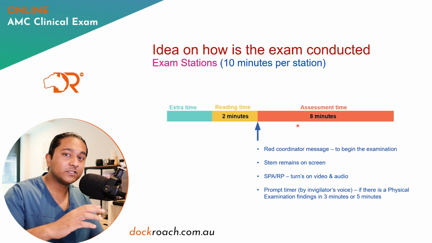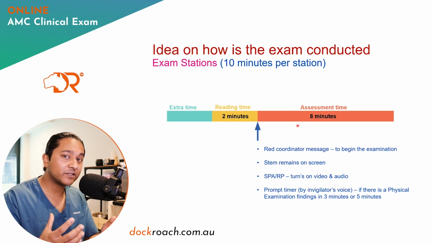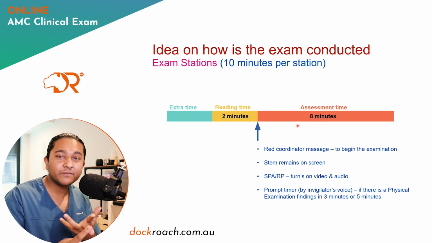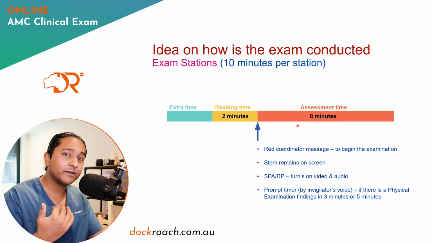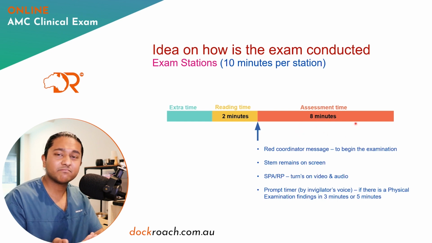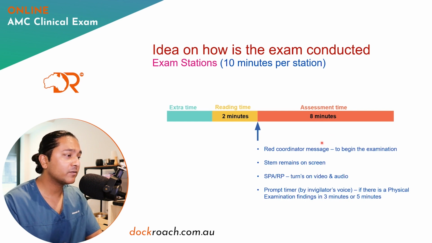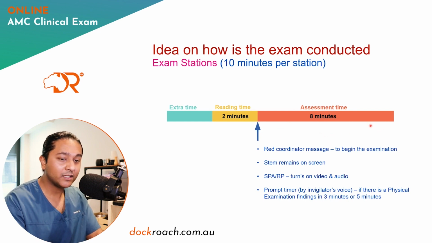Then that person will start sharing whatever they want to show you, the extra thing, either a physical examination, sometimes an image, sometimes an investigation. Whatever they want to show, they will show it when they mention the prompt timer. Prompt timers can be at 3 minutes, 5 minutes, any time really, whatever the time AMC decides to put there. So these are the things that happen during the assessment time.